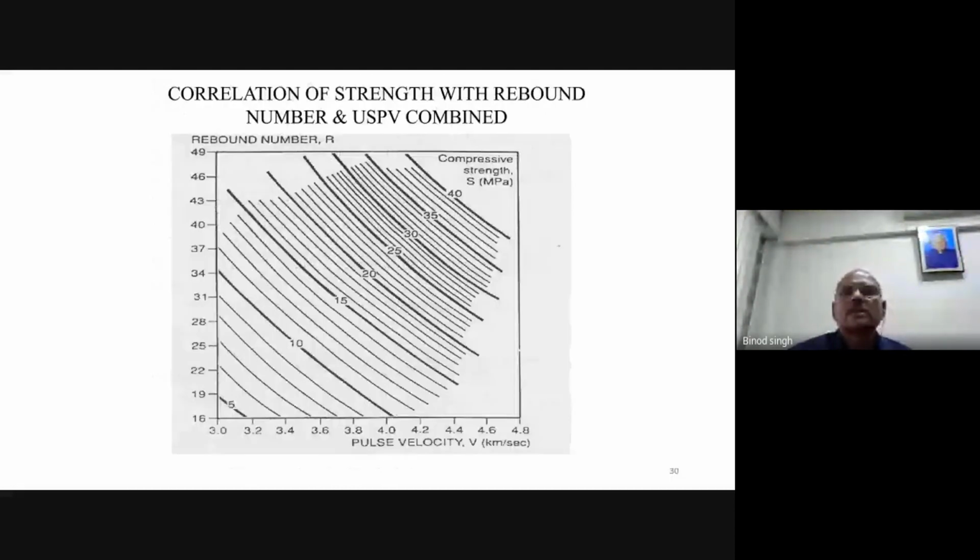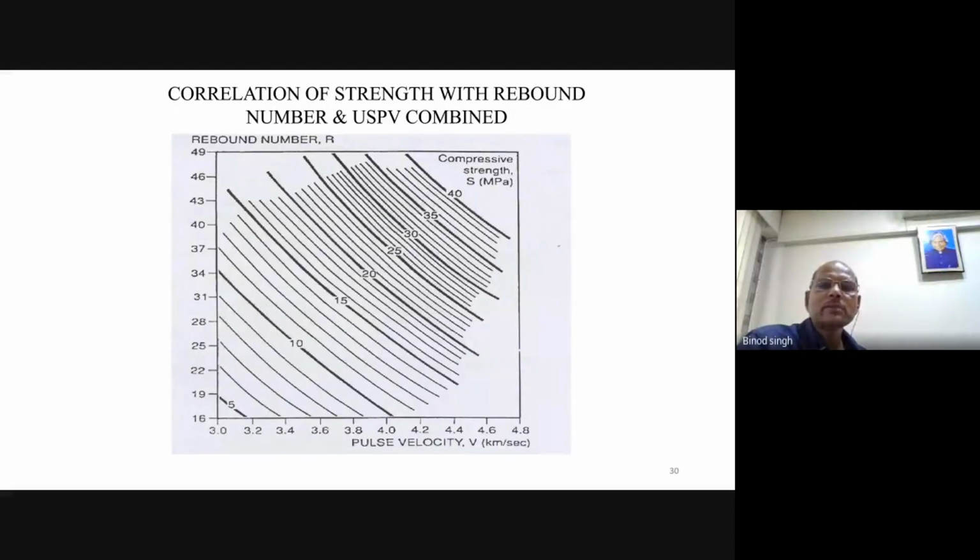You can even make a chart, because with the rebound number and pulse velocity alone you may not know the exact compressive strength. What you do is take a standard cube of 150 by 150 by 150, take the rebound number and pulse velocity, and draw a graph.